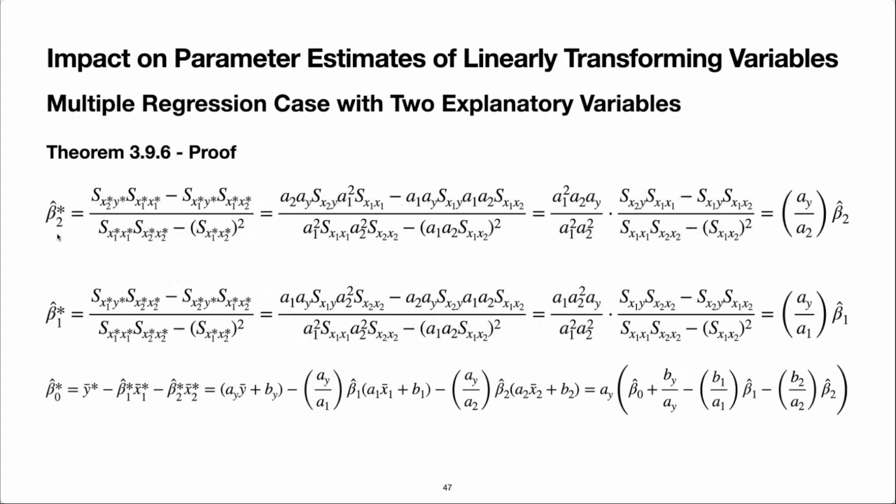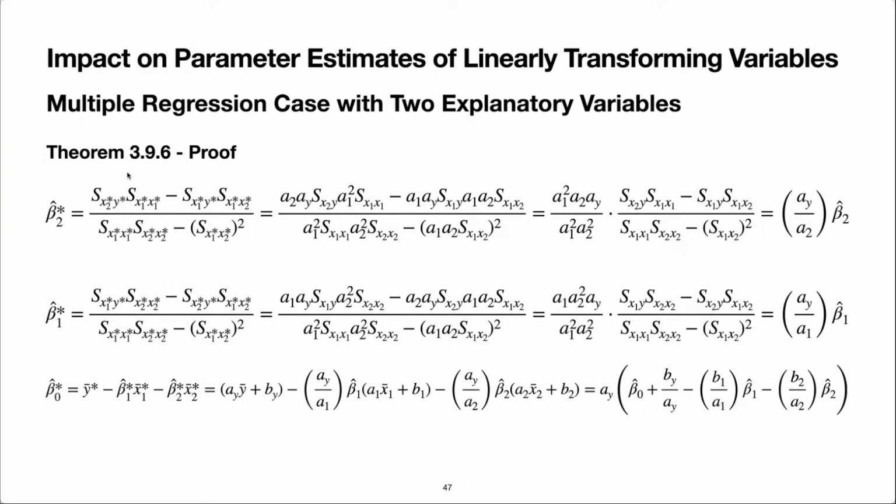Okay, so let's prove this result about how to calculate the actual least squares estimators. We'll start by calculating beta 2 star hat. Based on the theory of least squares estimation in the context of a multiple regression model with two explanatory variables, we know that beta 2 star hat has got to be equal to this quantity here.